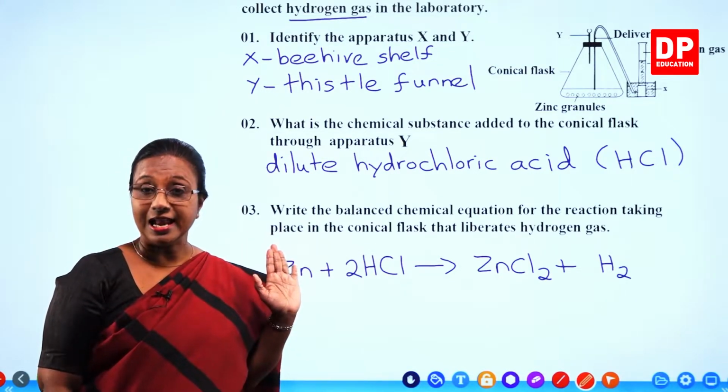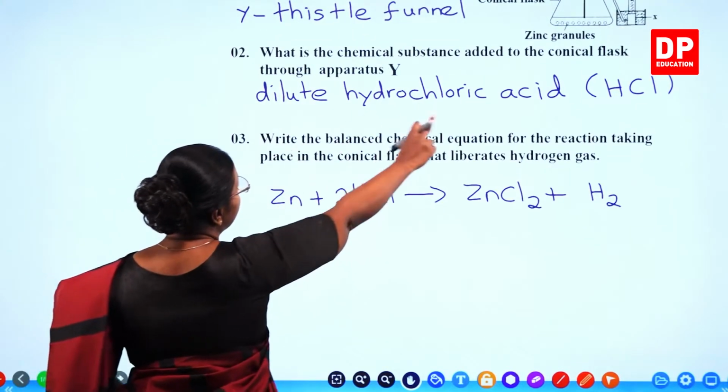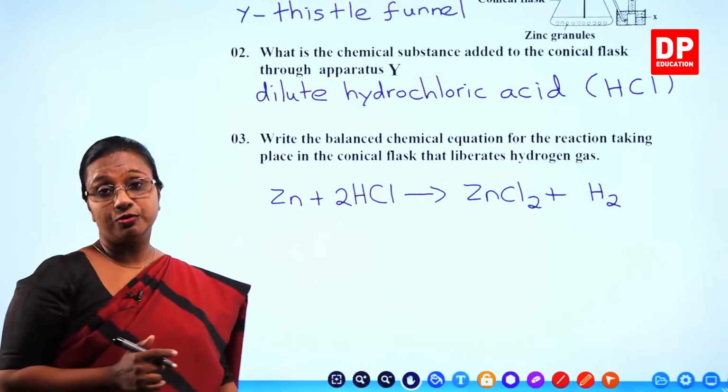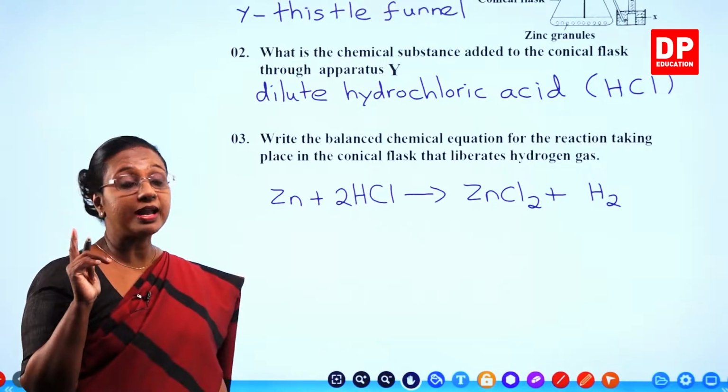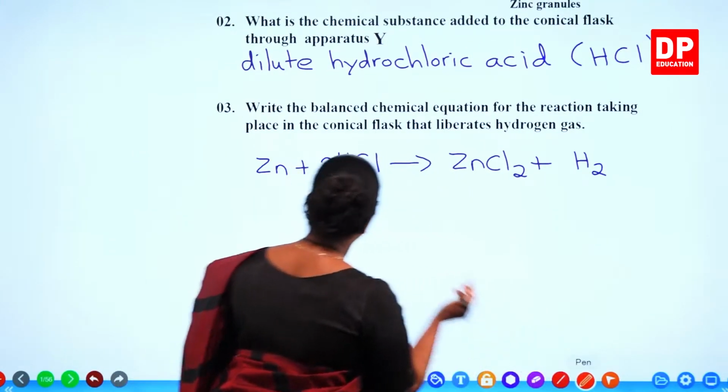I am sure you all can remember this. Now, in case we have written the acid as dilute sulfuric acid, how will you write the equation? So, as a note, I will write it here.